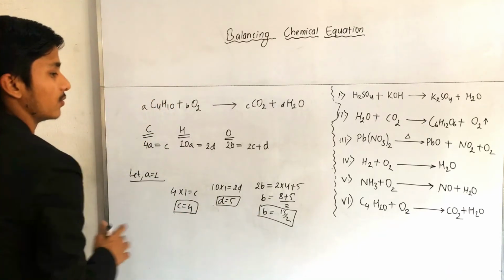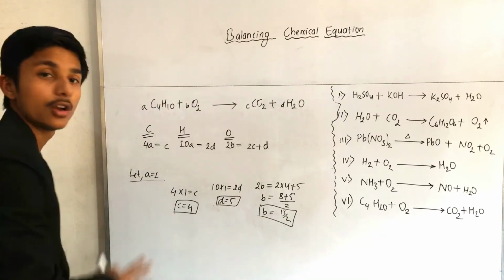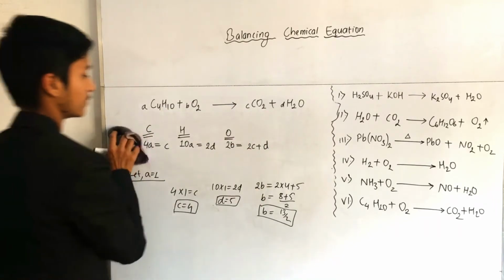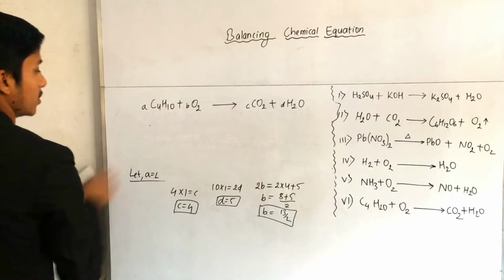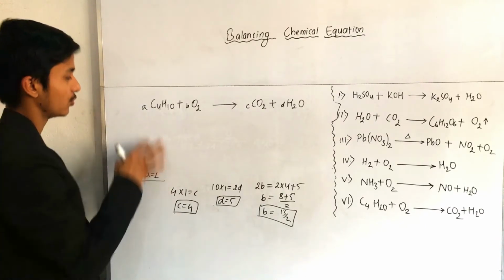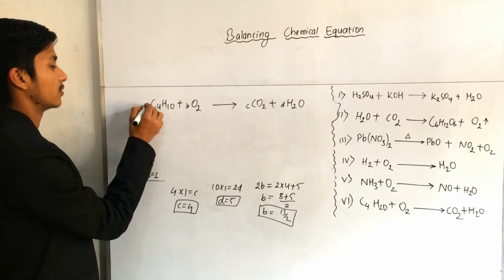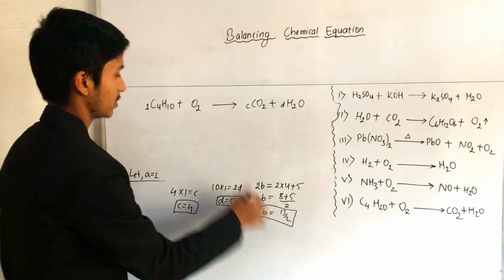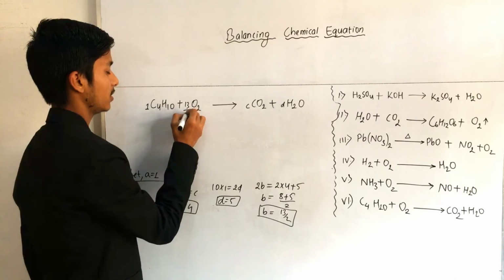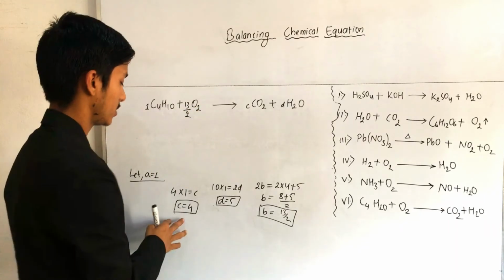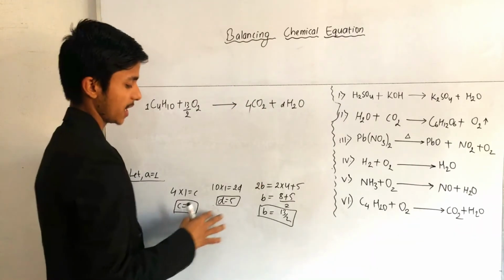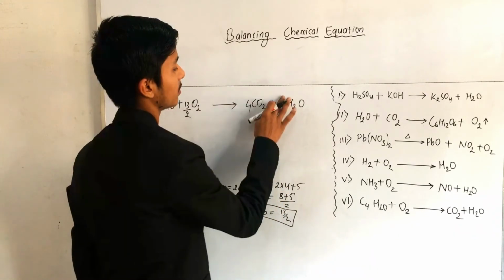Now we put all these values in this equation. Instead of A we put 1, and here the value of B is 13 by 2. C is 4, we put 4 here. Instead of D we put 5.